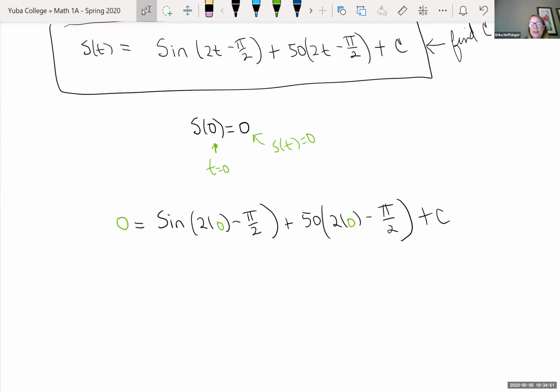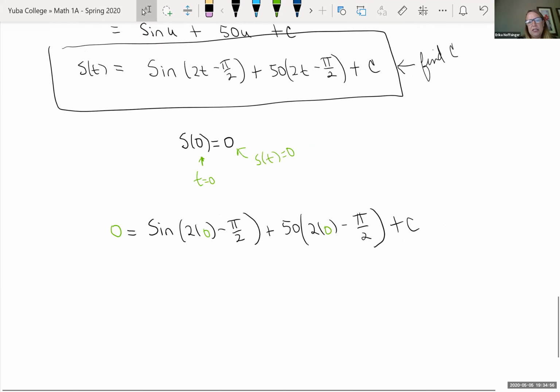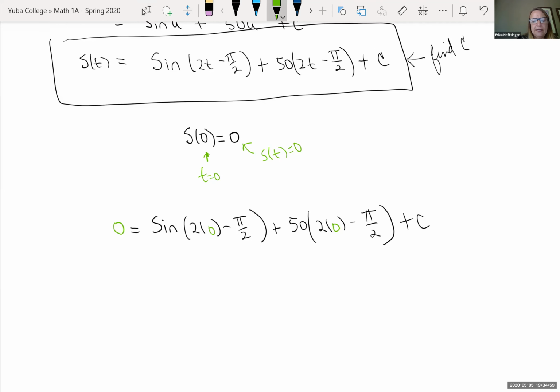Okay, so sine of negative pi halves. So same reasoning, if you look at your unit circle, that gets you down to the negative y-axis. Sine is your y value, and so that is negative 1. So we have 0 is equal to, this here is negative 1. And then we have plus 50 times, that goes away, negative pi halves plus c.